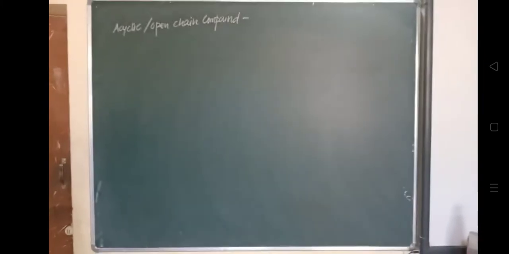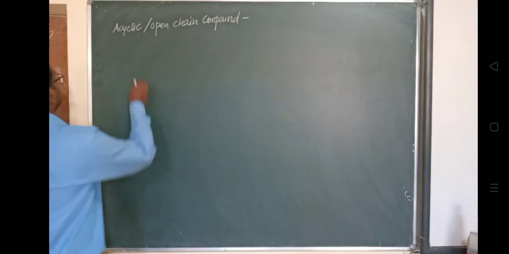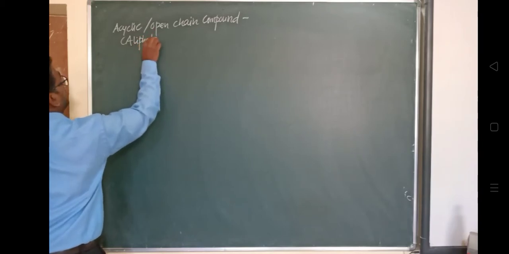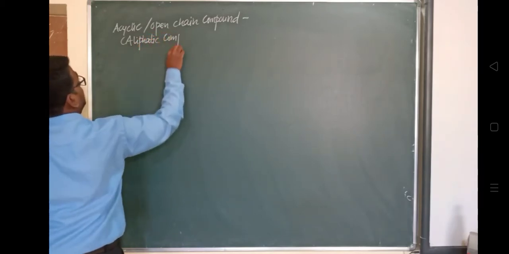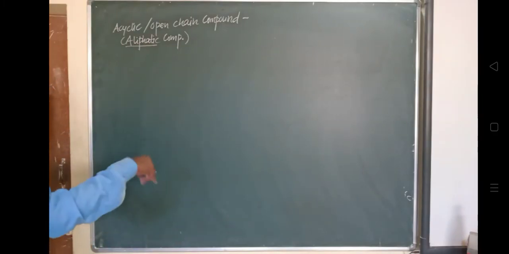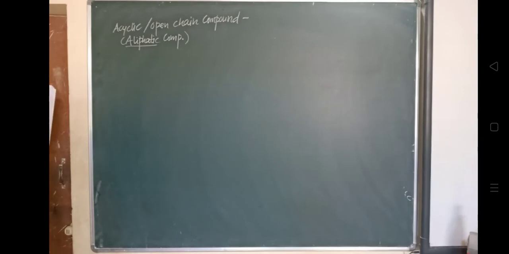These are also known as aliphatic compounds. You have to remember these are also known as aliphatic compounds. The molecules of these compounds have a chain of carbon atoms, and these may be straight chain.